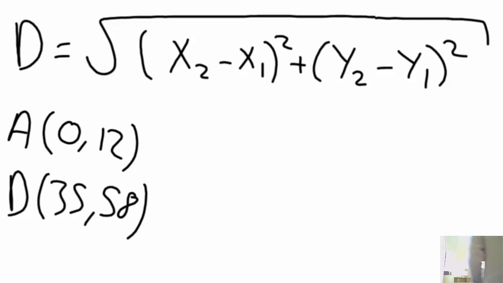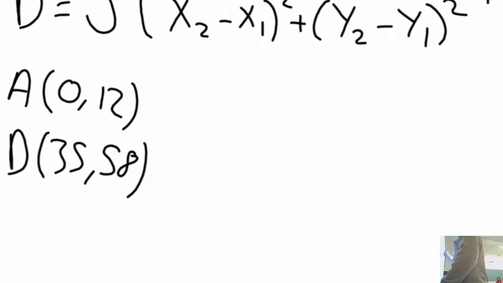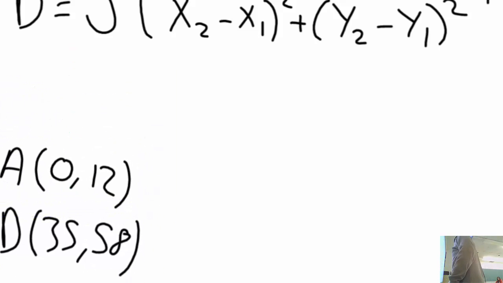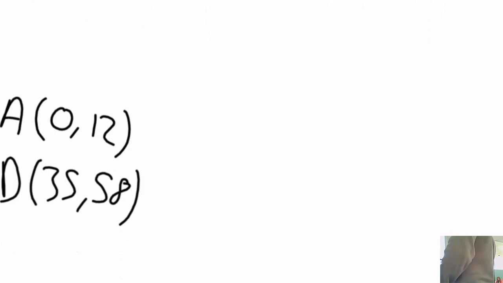All I have to do now is calculate the distance between the two points. So let's do that. You've been practicing this. Let's label first. This is x, this is y, this is x, this is y. When you talk about the distance, which one is number 1, which one is number 2, does not matter. So I'm going to call A number 1, and D number 2.